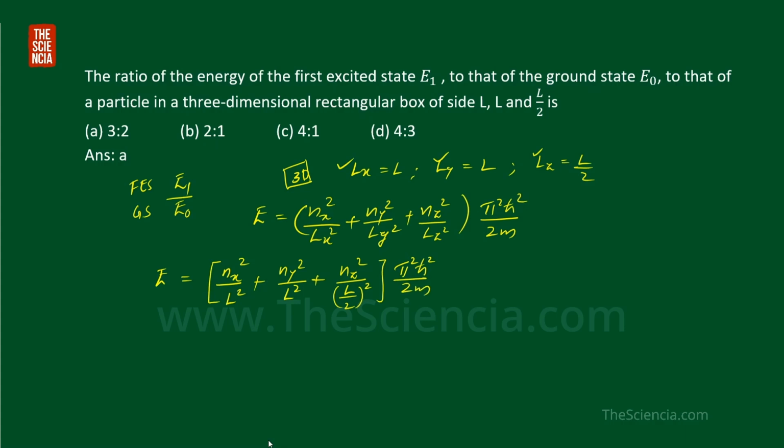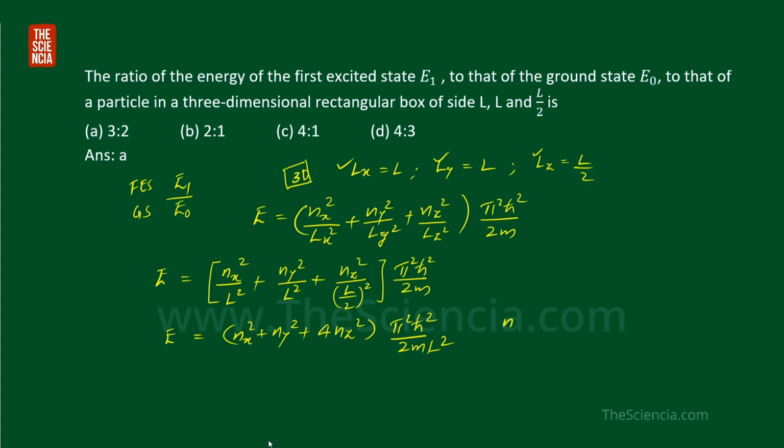We can simplify this by taking the L square term outside. So we will get nx square plus ny square plus 4nz square, into pi square h square by 2mL square. Okay, so this is the equation to find out the energy of this particular case.